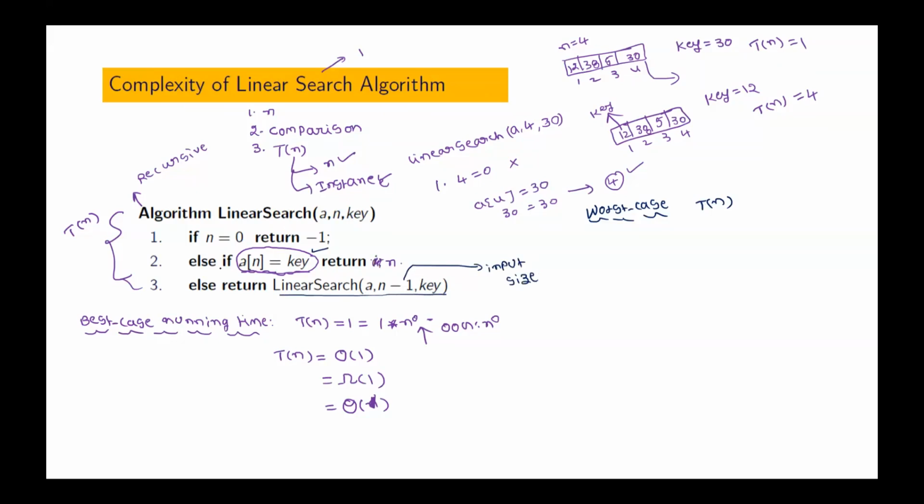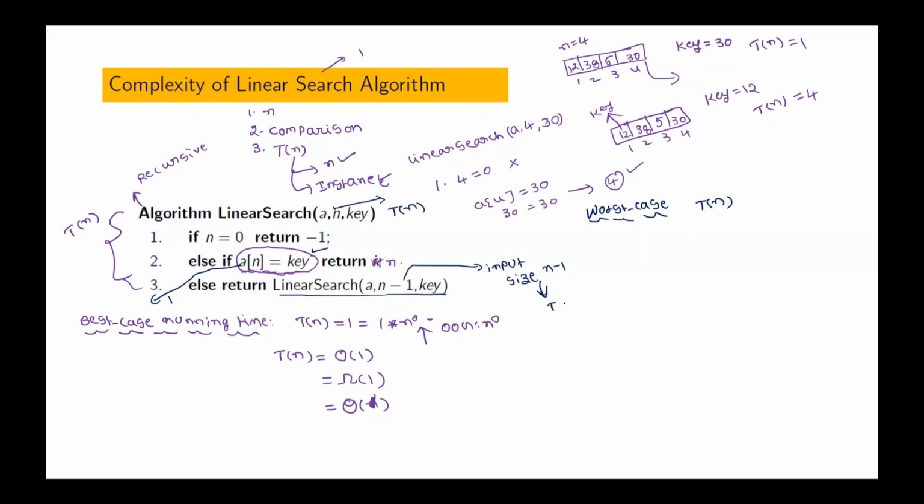Here one comparison we are performing. When input size is n, the time it takes is T of n. When input size is n-1, the time it takes is T of n-1.